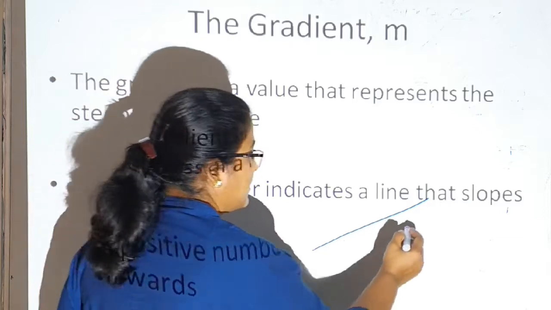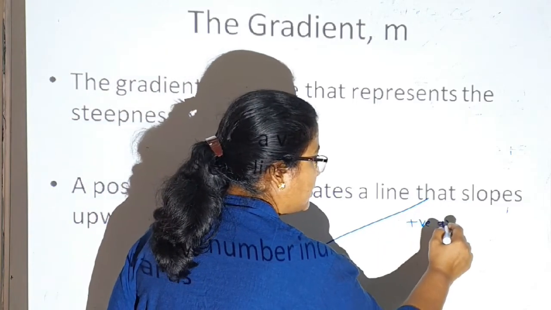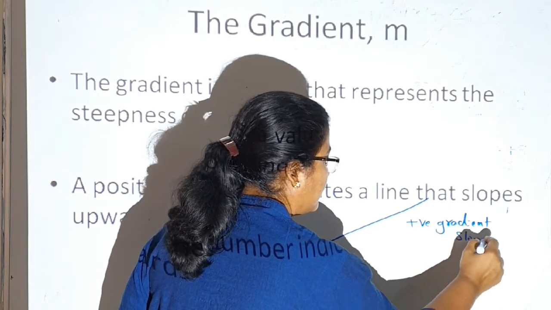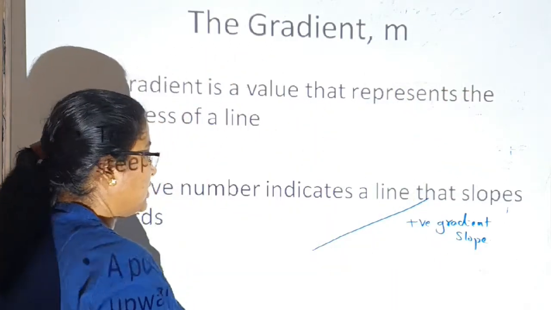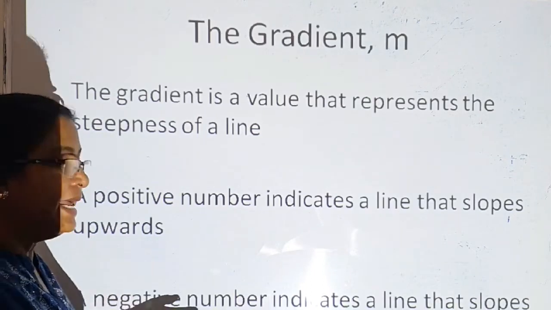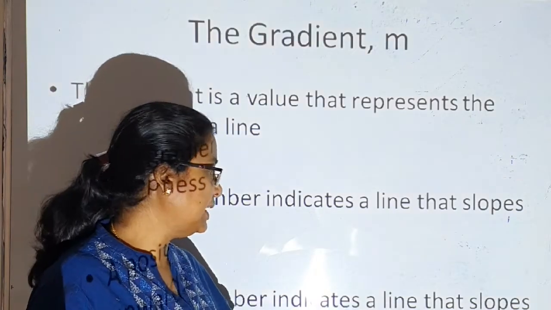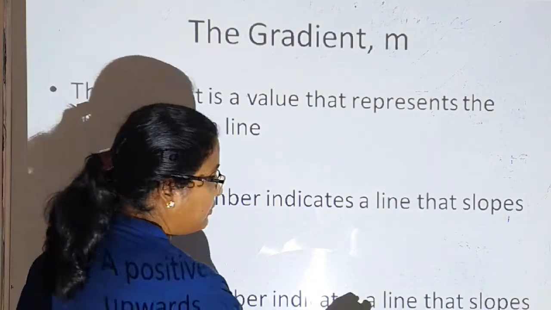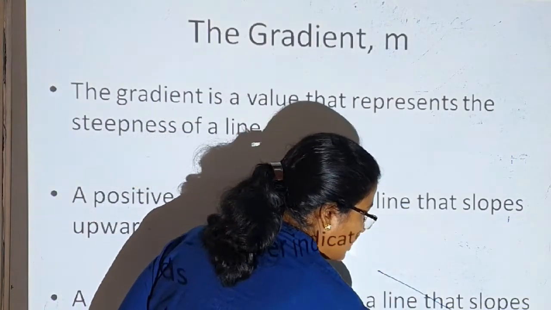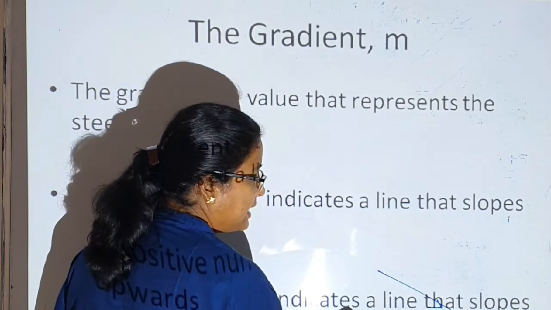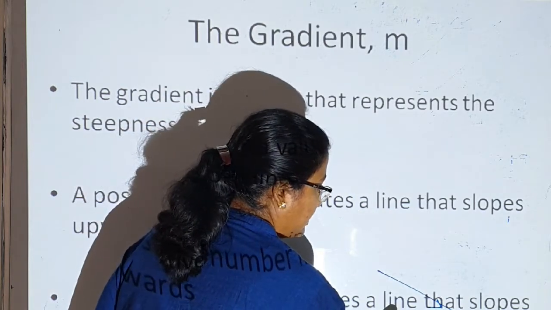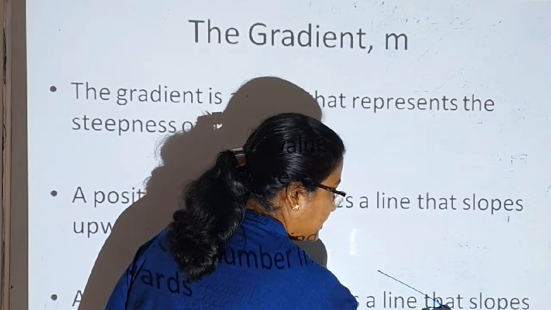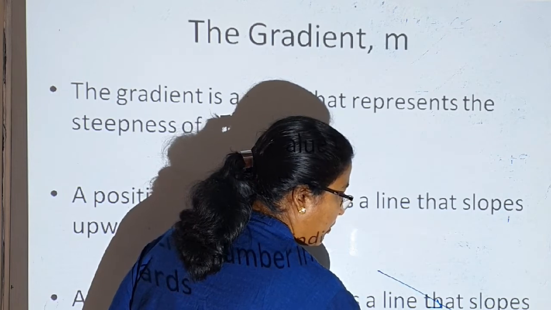We can say that it has a positive gradient or positive slope, the steepness in the upward direction. A negative number indicates a line that slopes in the downward direction. That means if the line is in this direction, downward, we can say it has a negative slope, a negative gradient.